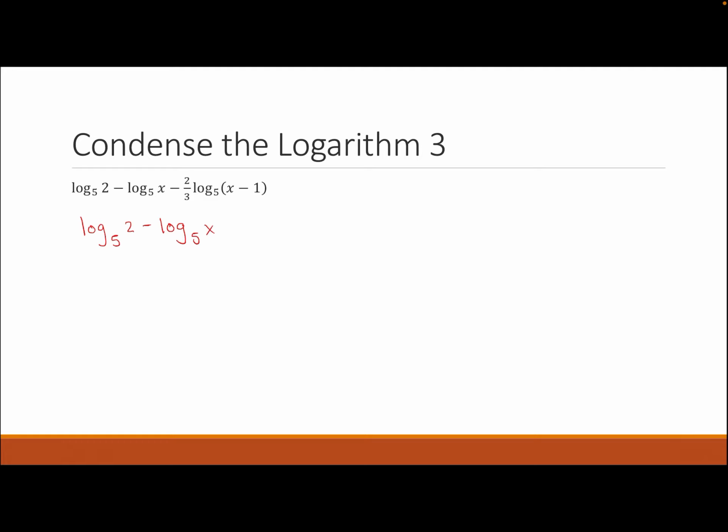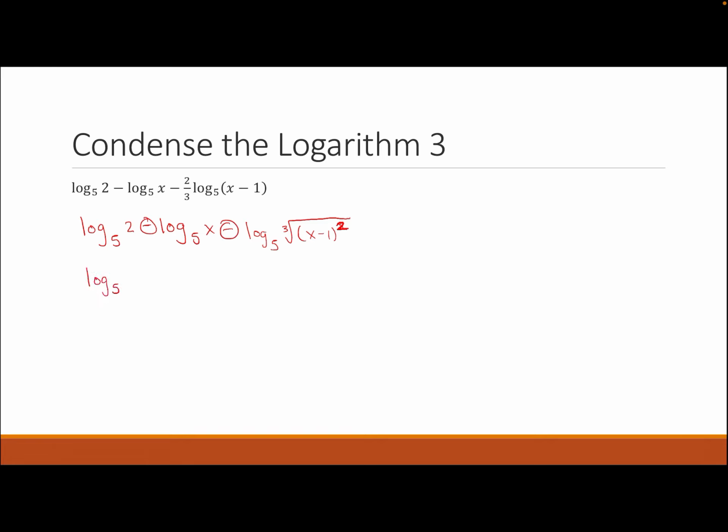And then this 2/3, that's going to be the square root of (x minus 1) cubed. So we're going to have minus log base 5 of (x minus 1) cubed. And we said the square root, I'm sorry, that's the other way around. It should be the square root of the cube root of (x minus 1) squared. My apologies. So now where we have negatives, these two things should be multiplied.